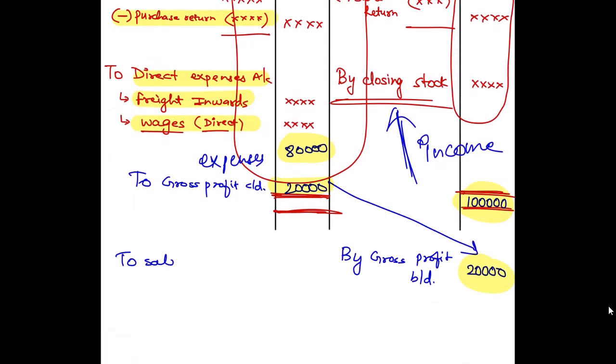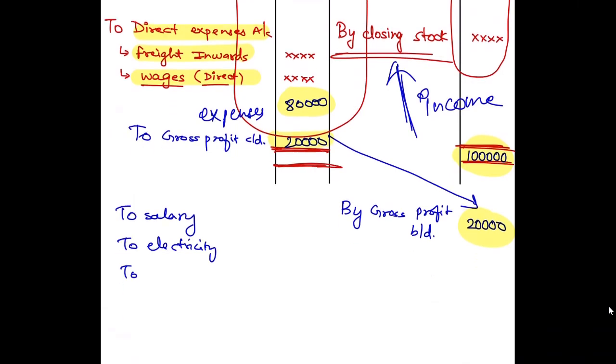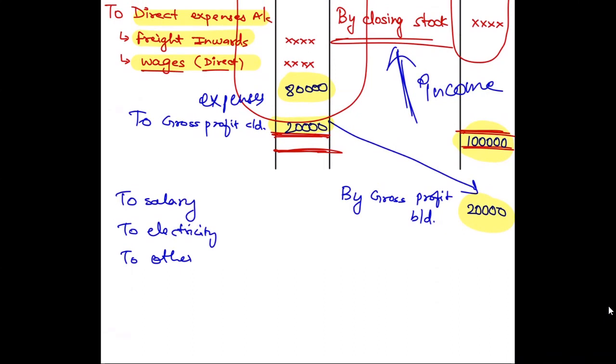For example, salary, electricity, or any other expenses will be marked here. And whatever balance is left will be the net profit.